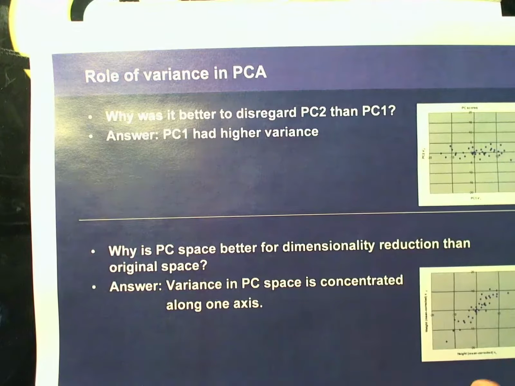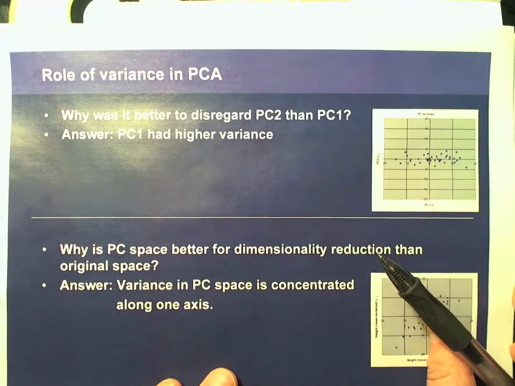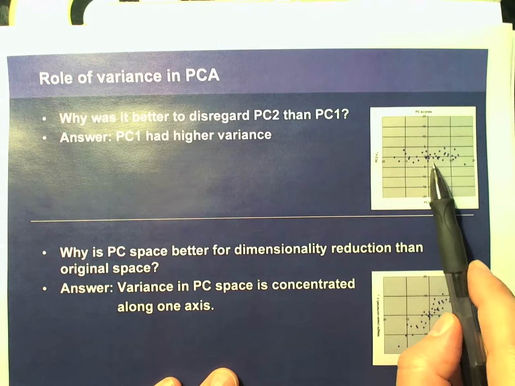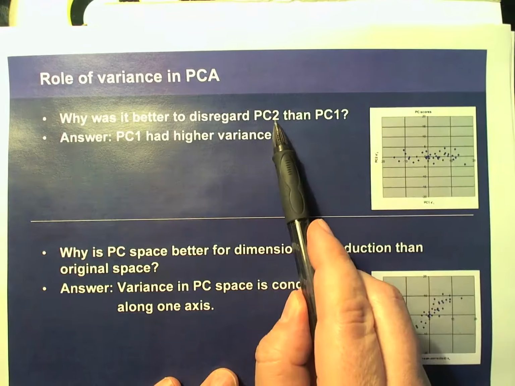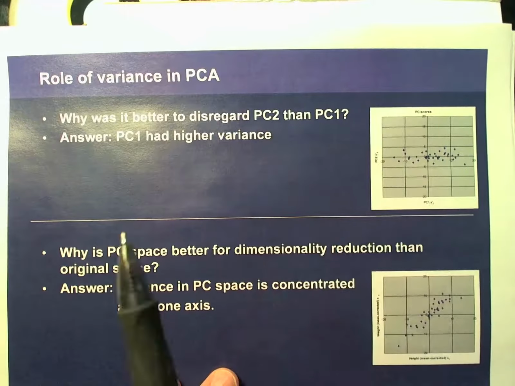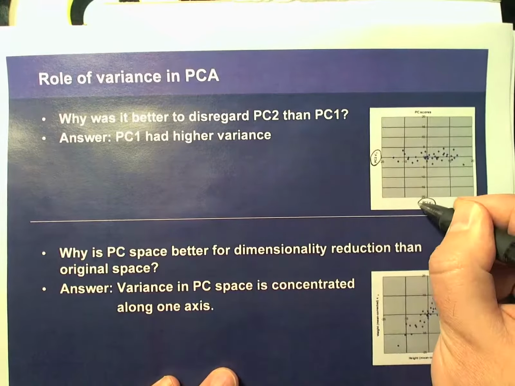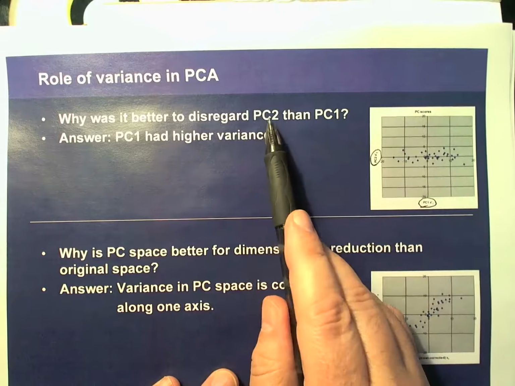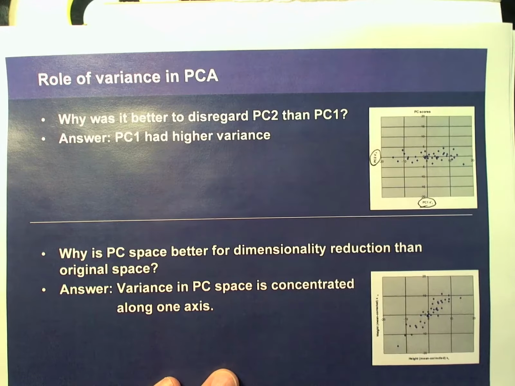And so the question is, why was throwing away the vertical, it's called PC2, PC1 is the horizontal, why was throwing away that direction better than throwing away this direction?